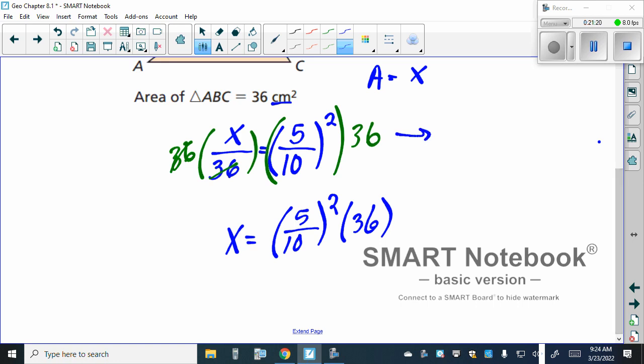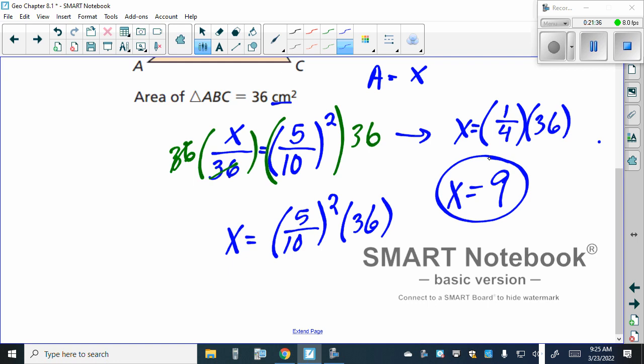Now, if we squared it first, 5 over 10 squared would be 1/4. And 1/4 times 36 is 9. And if you did 5 over 10 squared times 36, you should also get 9. I think some of y'all typed it in as a whole and got 9. Yeah. Either way works.